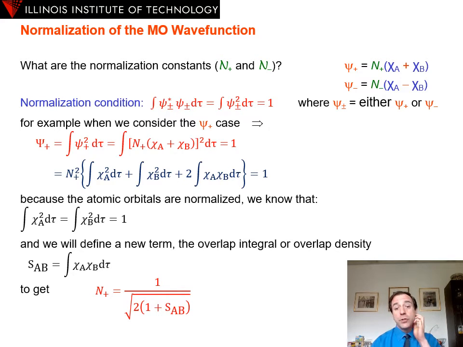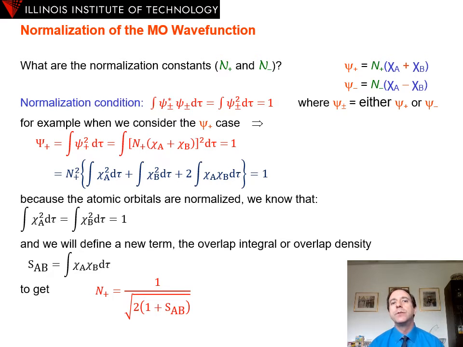And then we're going to get two terms of chi sub A times chi sub B and integrate each of those individual terms. Okay? Well, remember what we did for a whole half a semester, where we normalized our individual atomic wave functions so that chi sub A squared d tau is going to equal 1 and chi sub B squared integrated over d tau over all space is going to equal 1.